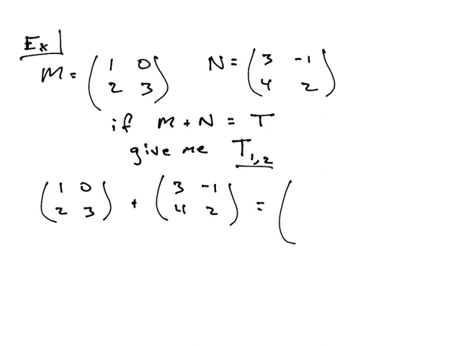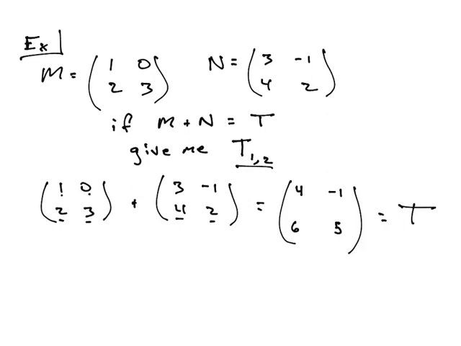To add them, I take 1 plus 3, that gives me 4. The next element, 0 plus -1, gives me -1. Next element, 2 plus 4, gives me 6. And finally, 3 plus 2 gives me 5. So that's my new matrix T.